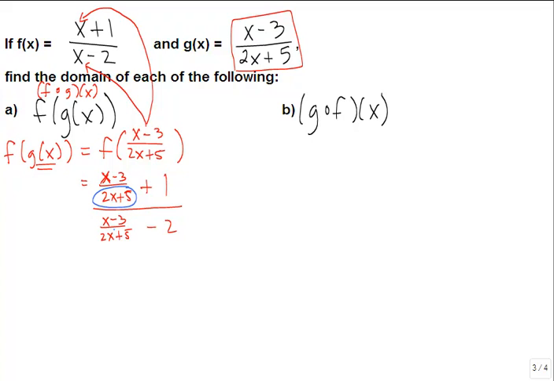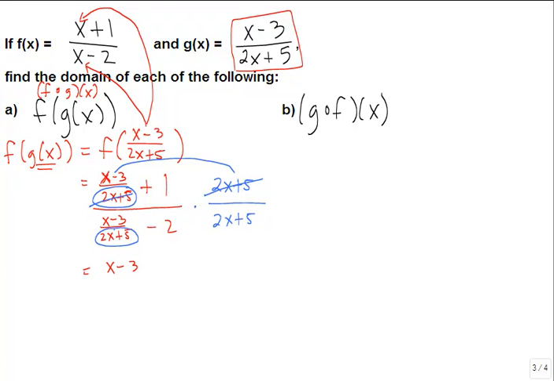I've got this denominator and I've got this denominator, and they're the same. So what we're going to do is multiply the top of this fraction by that common denominator, 2x plus 5. Now when I take this entire fraction times 2x plus 5, the 2x plus 5 cancels out. And all we're going to be left with is just this numerator, x minus 3.